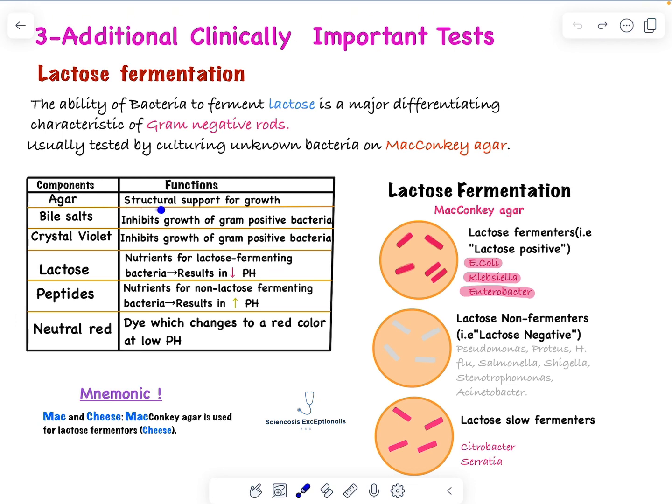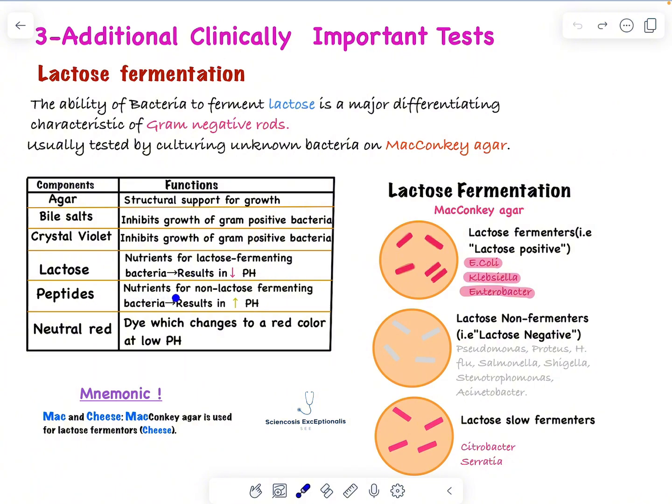Agar, structural support for growth. Both bile salts and crystal violet inhibit growth of gram-positive bacteria. Lactose, nutrients for lactose fermenting bacteria, result in acidic metabolic products, so the pH is going to be reduced.